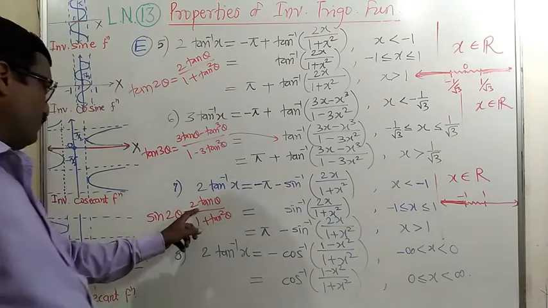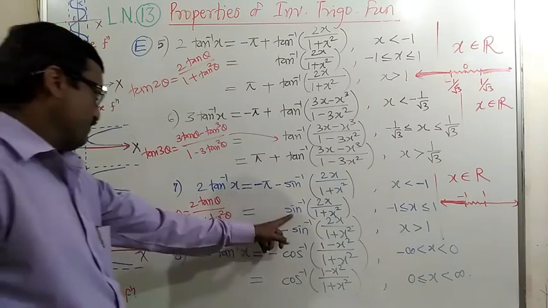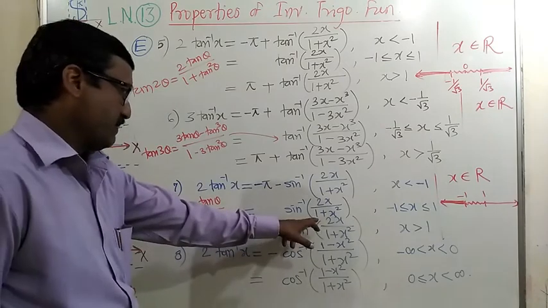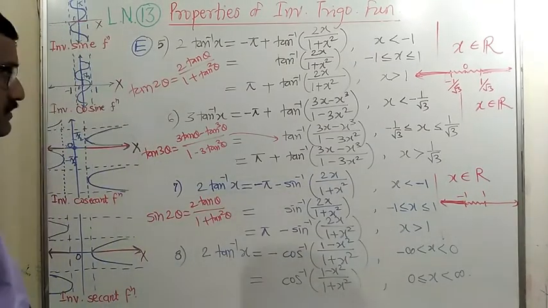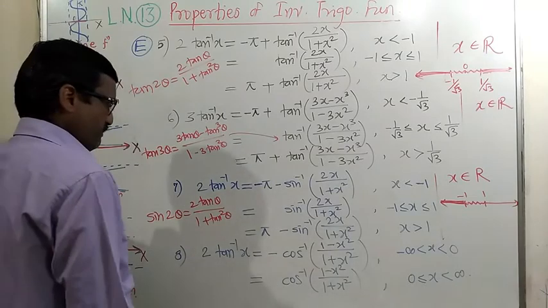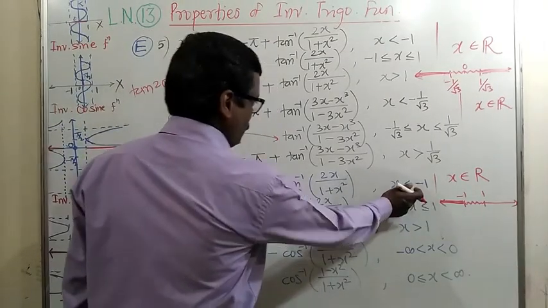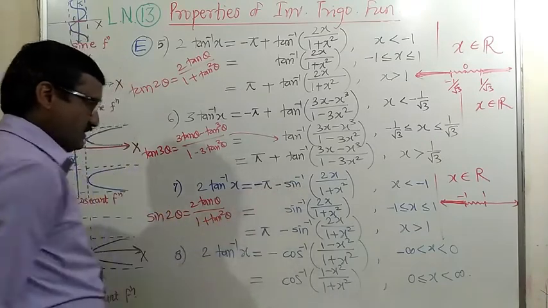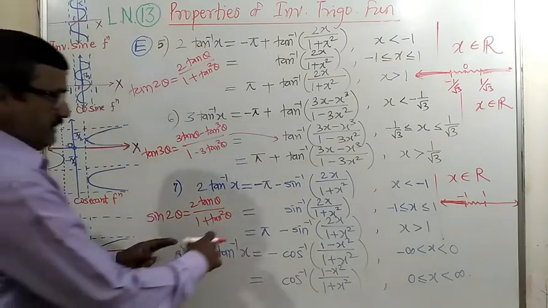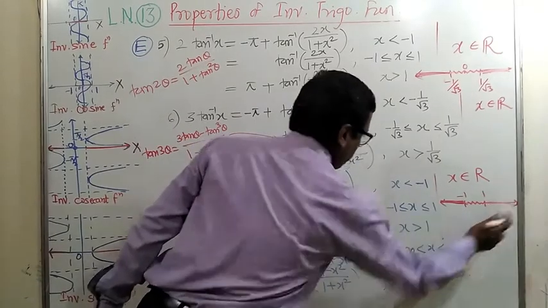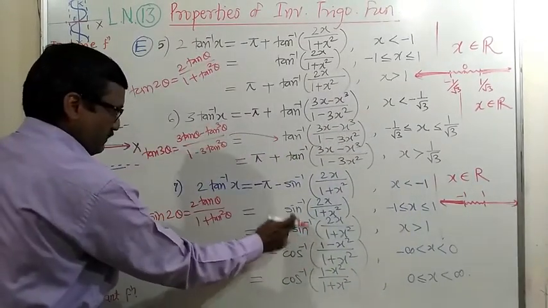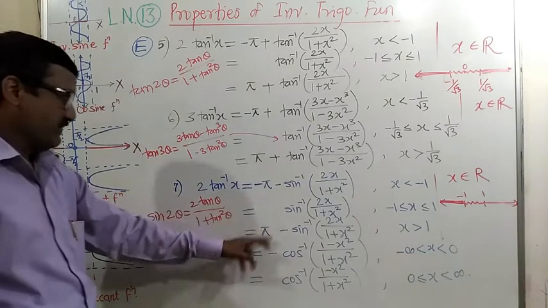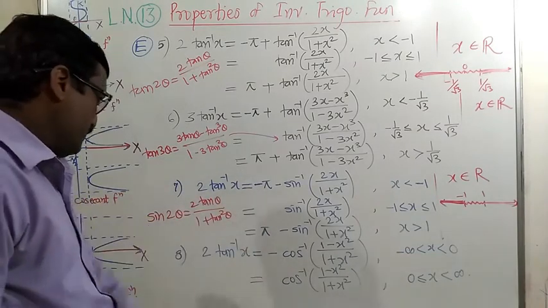So we get 2 tan inverse of x is equal to sin inverse of 2x upon 1 plus x square for that middle interval. Now whenever we are taking negative values of x, subtract this term from minus pi. And if you take x greater than 1, then subtract the same term from pi. Okay, remember these intervals and these angles here.